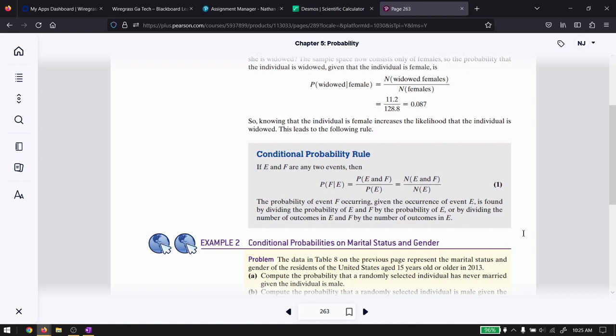It says if E and F are two events, then the probability of F given E, that's what this is read as, F given E, or like in our case, probability of age 35 to 54, given that they were male, is the probability that both E and F happen, divided by the probability that E happens. So E is the one thing that's given. In our case, it is given that they're male. That's what we're looking for. So we need to find these two things to find the conditional probability.